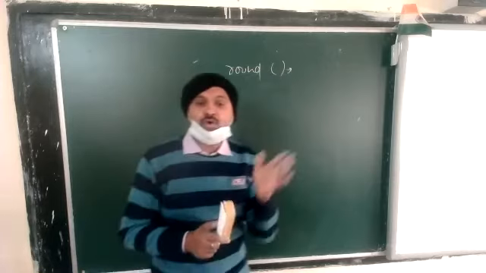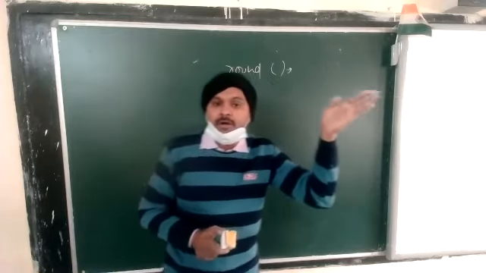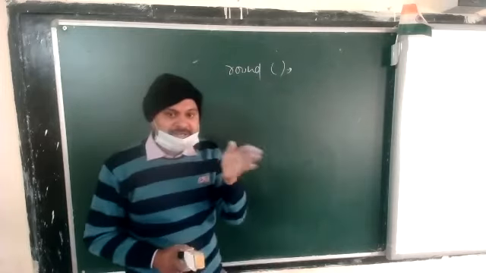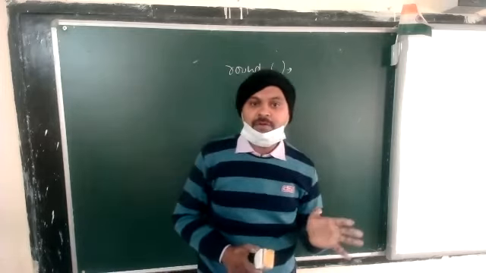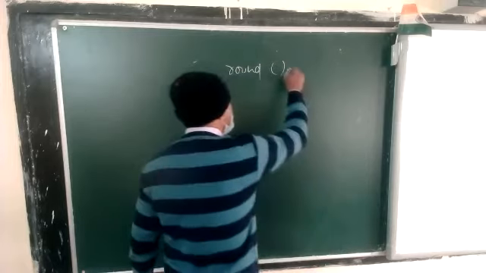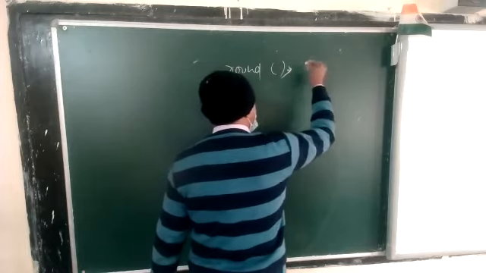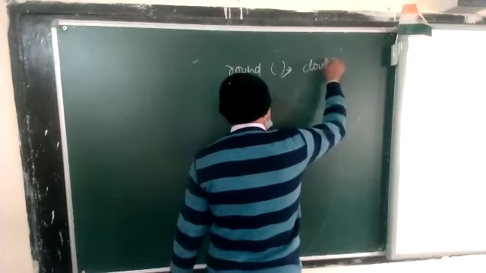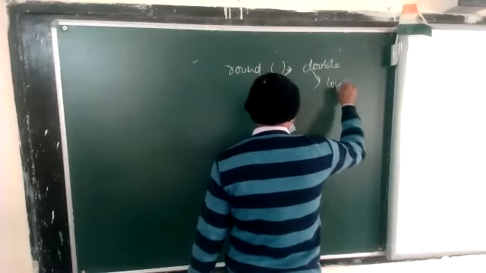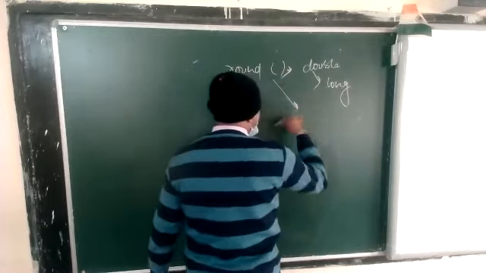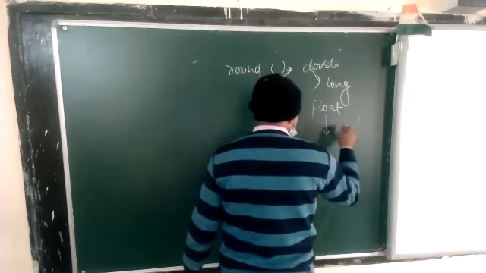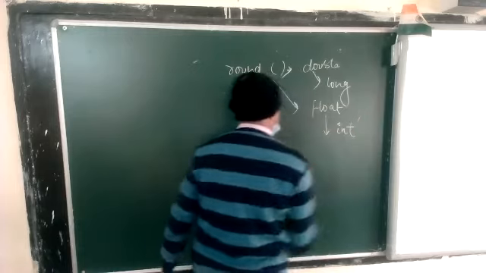Round means it will go to the nearest down or nearest top. It means the value will go to the nearest whole number. For example, if I am entering the value in double type, the return type will be long. And if I am entering the value in the form of float, then the return type will be int. So this is the case.